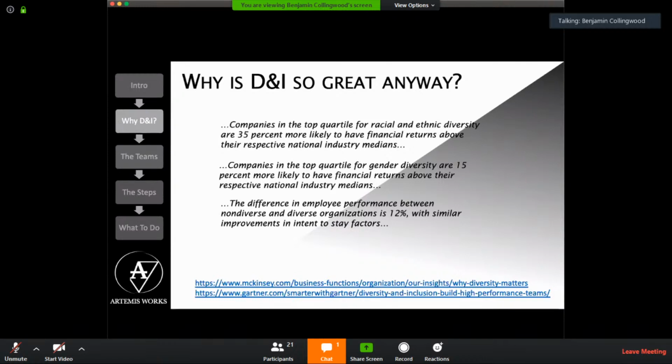I can give you 12% more performance from your teams. Naturally, that's great. And people are like, well, how do you do that? And it's build more diverse teams. But there is a cost associated with that, and that is your money, your time, and a little bit of wiggle in terms of your requirements. So that's why D&I is so great anyway.